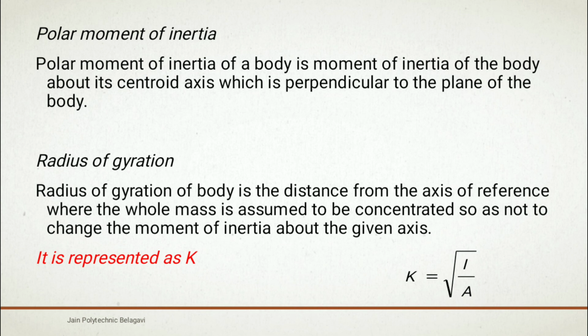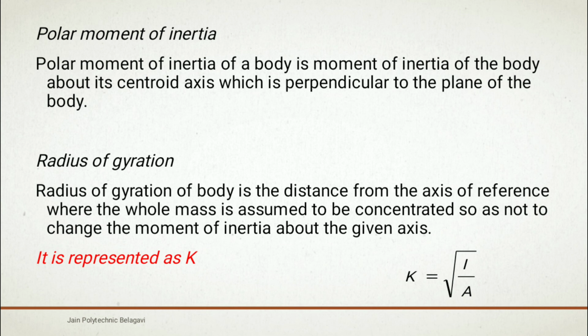How is it defined? The radius of gyration of a body is the distance from the reference axis at which the whole mass is assumed to be concentrated, so as not to change the moment of inertia about the given axis. And this radius of gyration is represented by the capital letter K.